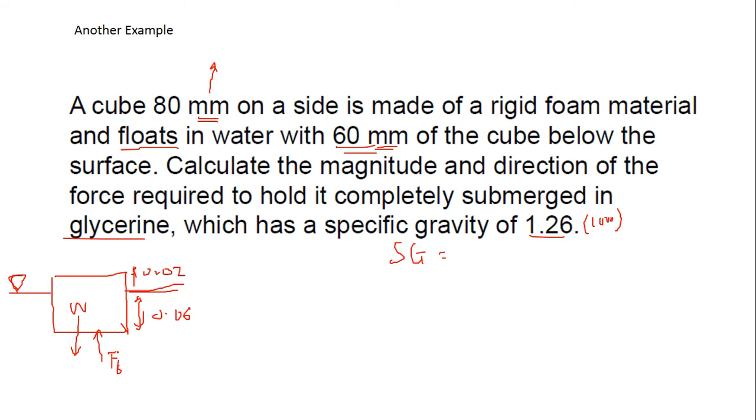Are you following, Syafiza? Summation Fy equal to 0. Okay, dah. Lepas tu FB minus W. Sorry, saya lambat sikit guna mouse ni. Okay, so FB equal to W. Good.